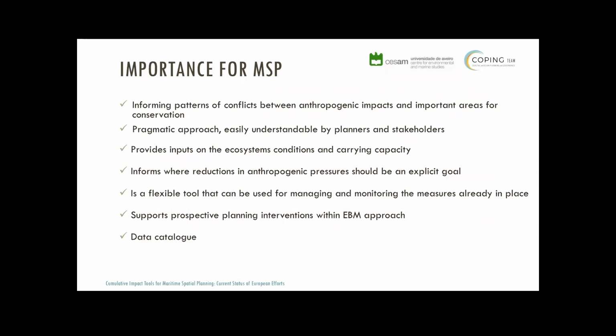This approach is pragmatic and simple and easy to understand by planners and stakeholders, which we think is important in order to communicate decisions and possibilities. It also provides inputs on ecosystem conditions and carrying capacity, as well as thresholds for ecosystems. It informs where reductions in anthropogenic pressures should be an explicit goal, and also where they are possible.